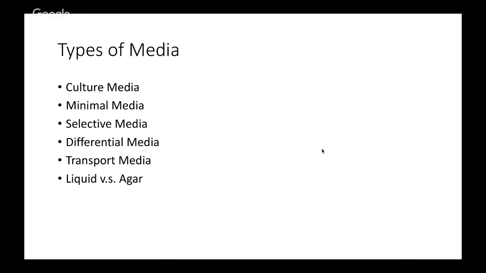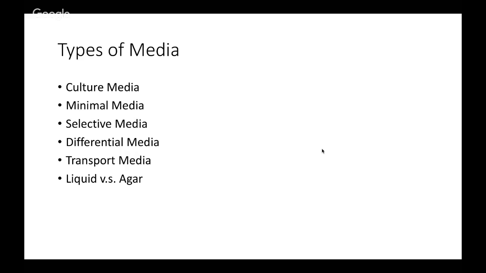So how to make a media. There are different types of media. I got this from Wikipedia: culture, minimal, selective, differential, and transport media. What you're generally working with is culture media. You are culturing bacteria, you're culturing yeast, you're growing things inside of media.